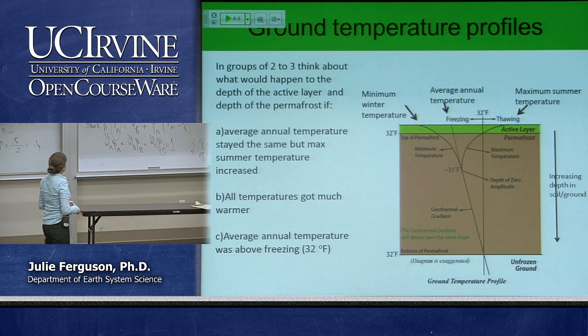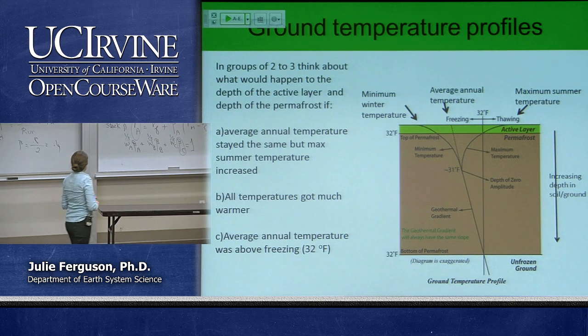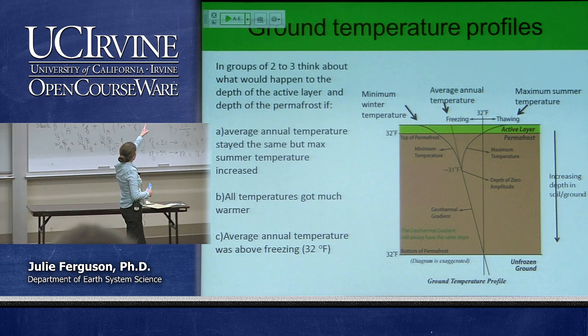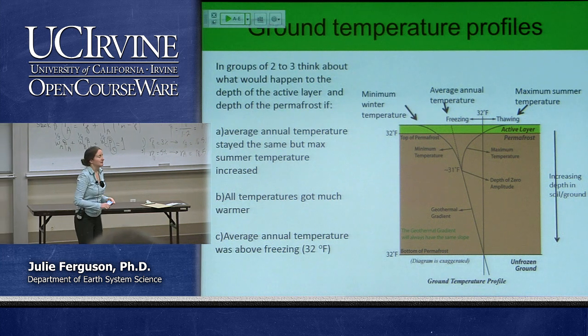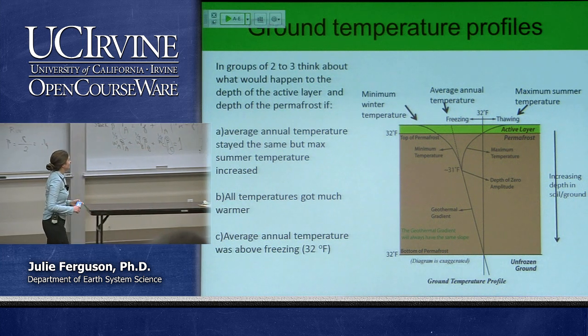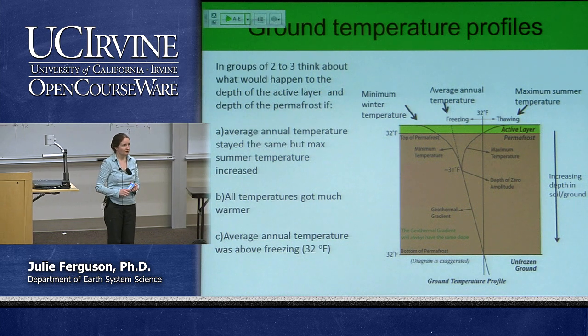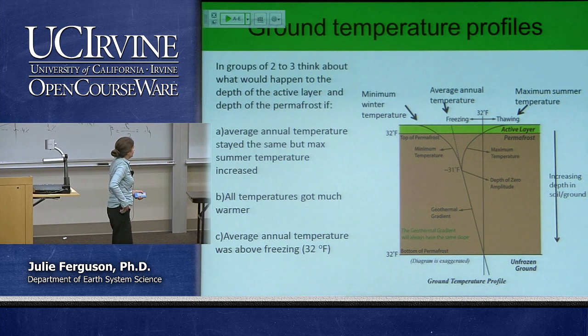So what would happen to my depth of permafrost, and what would happen to my active layer? And what would happen if my annual average temperature, that dotted line when it hits the surface, was above freezing, so above 32 degrees Fahrenheit? I'll give you a few minutes to think about this and speak to your neighbours.